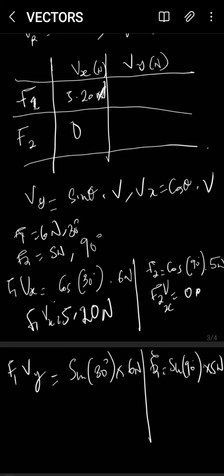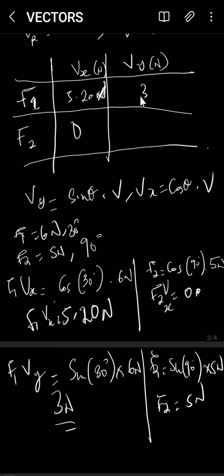Okay, so let's begin for F1. We have sine 30 multiplied by 6. We have 3 newtons. Then for F2 we have sine 90, which is 1, times 5, which is 5 newtons.